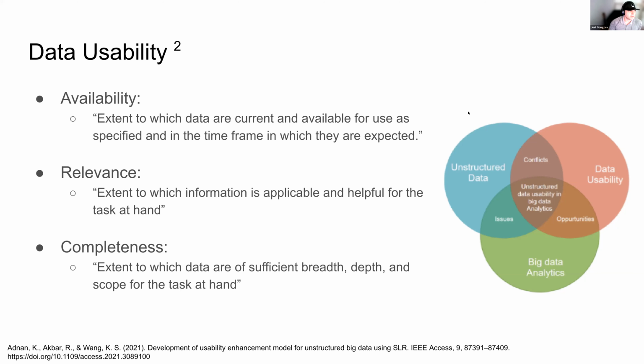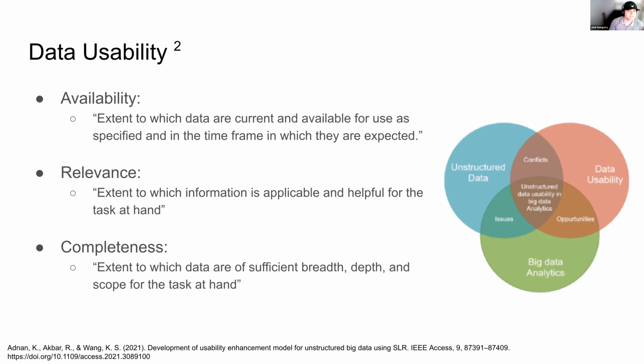On the right side, I like this Venn diagram. It was pulled from the paper you see here at the bottom. You see that unstructured data and big data analytics cause a lot of issues, where we have a lot of data but it's unstructured, so doing big data analytics causes some challenges. Versus if you have unstructured data and data usability, for example, which has the context that you like, there are some conflicts.